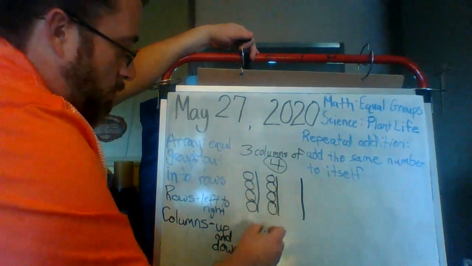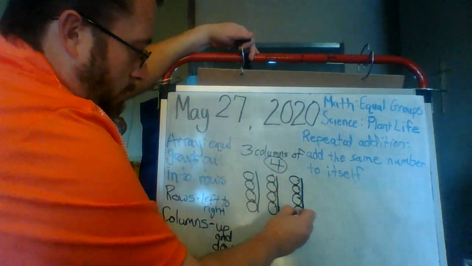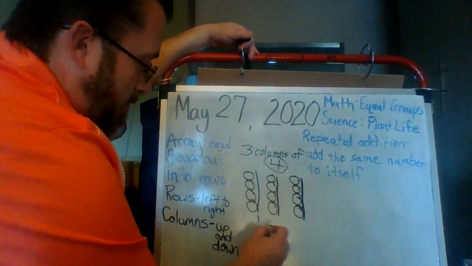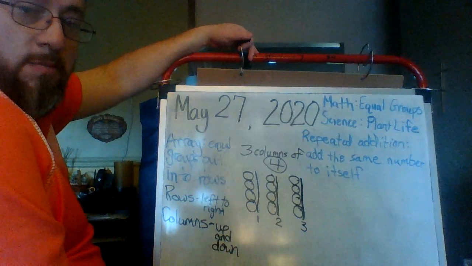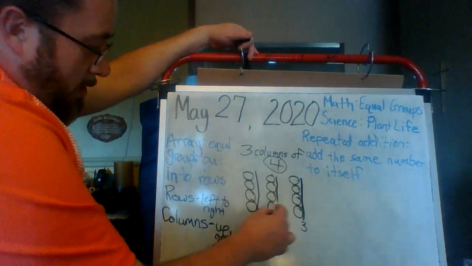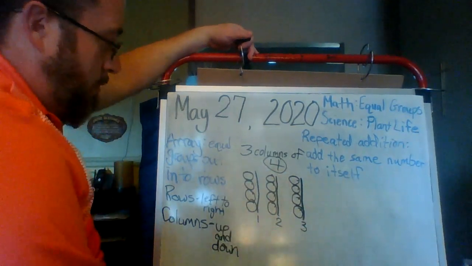That's column 2. 1, 2, 3, 4. That's column 3. If it helps you, underneath the columns, you can actually put the numbers to help you remember how many you drew. Column 1, column 2, column 3, 4 in each.